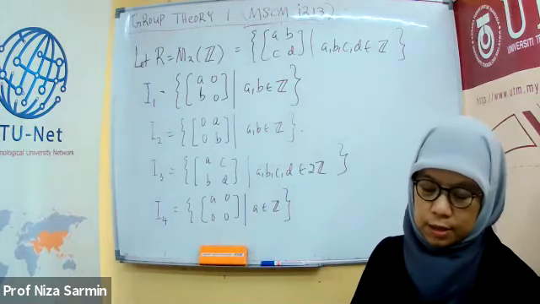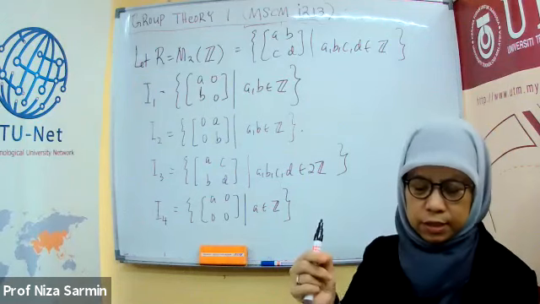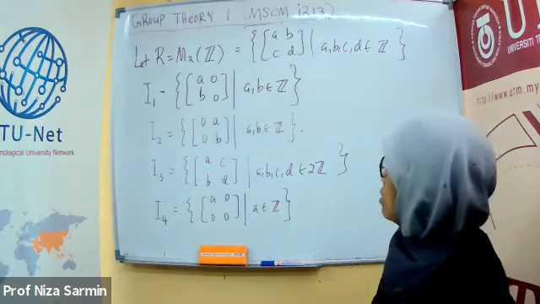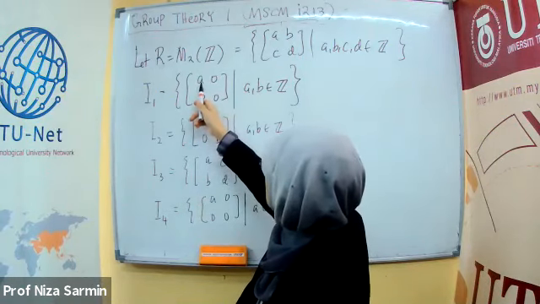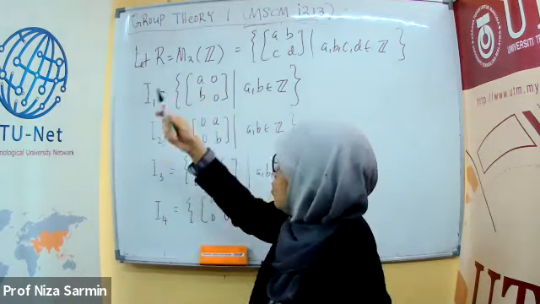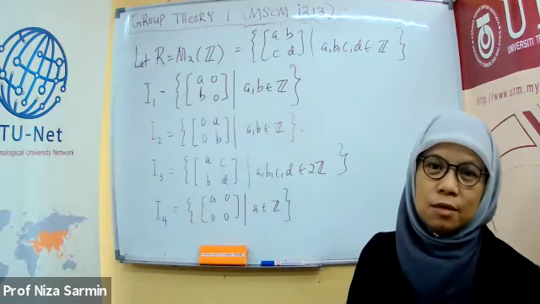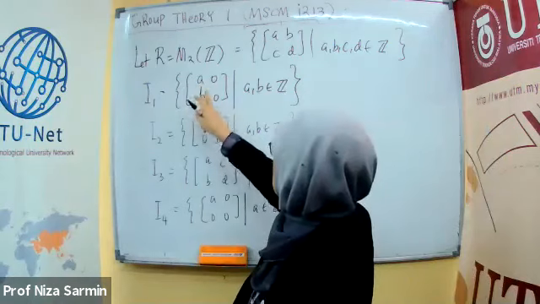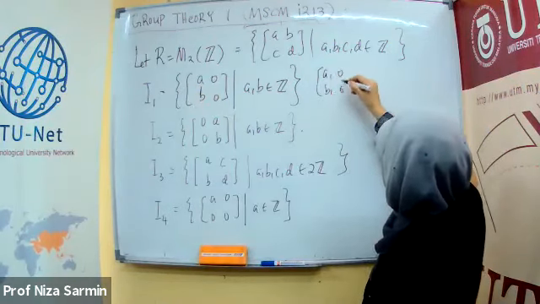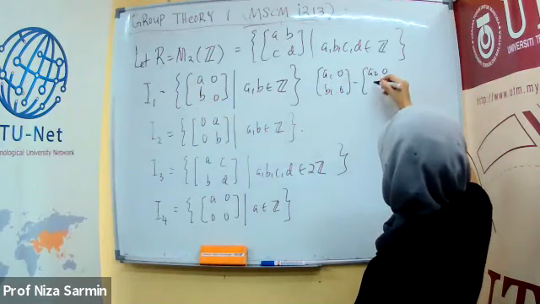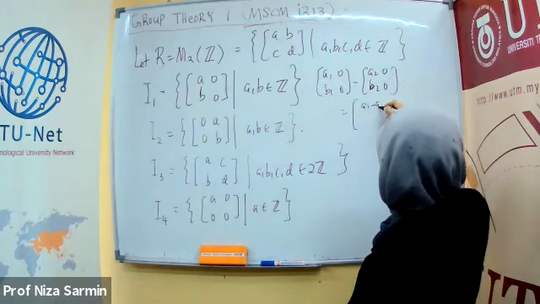Next is what happens when you subtract. You take two integers and subtract one from another. [A1 0; B1 0] minus [A2 0; B2 0] is also integer, right?